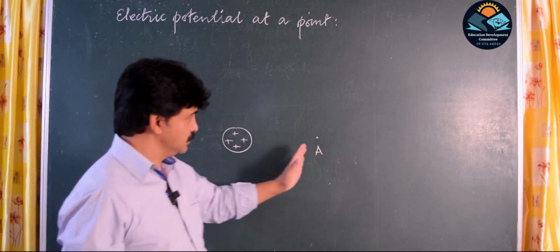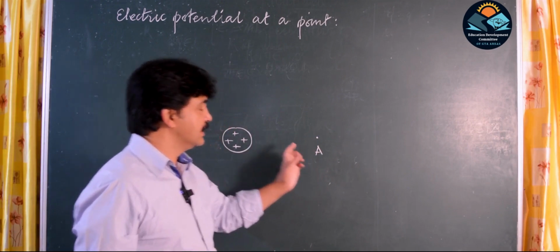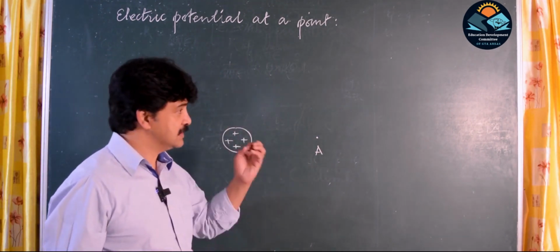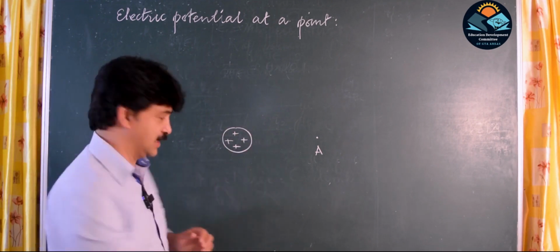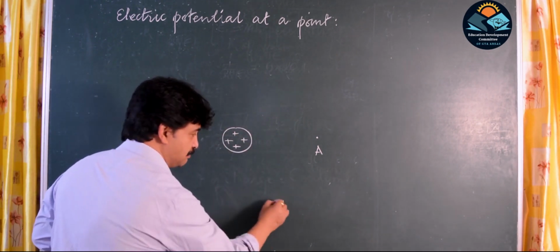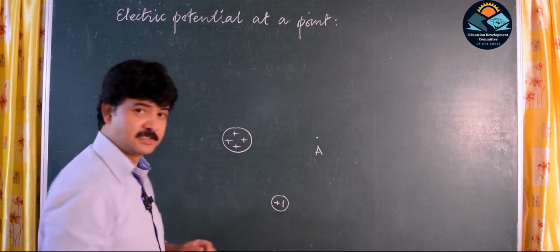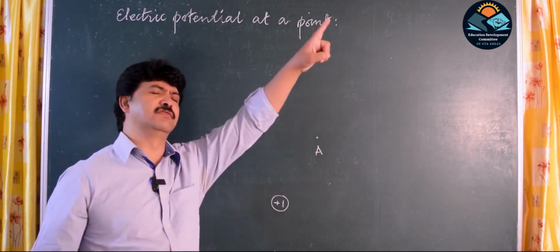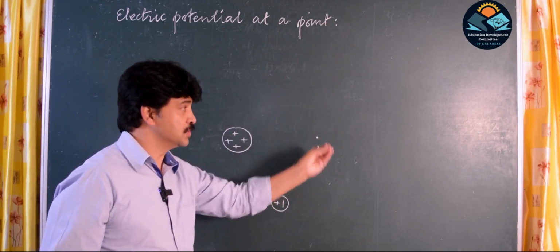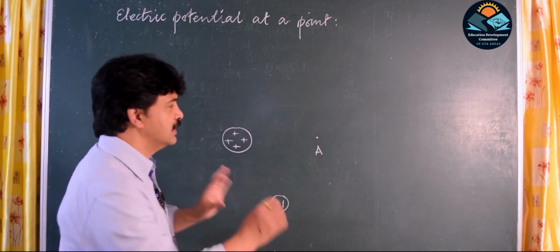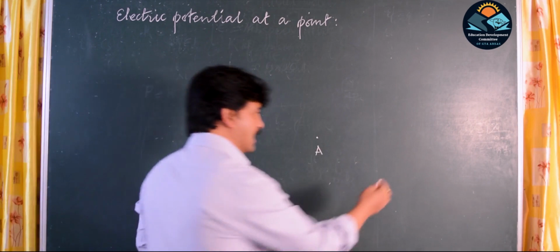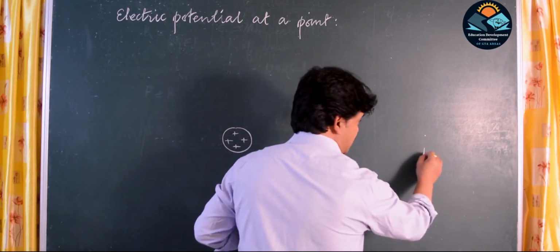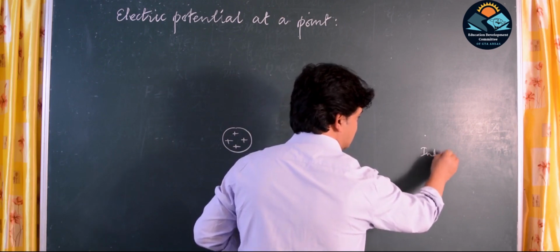Now in order to explain the concept of potential, we have to take a unit positive charge, not very close to A, but at infinity. Although we can't show infinity on the board, for our convenience, let the point at infinity be at this point.